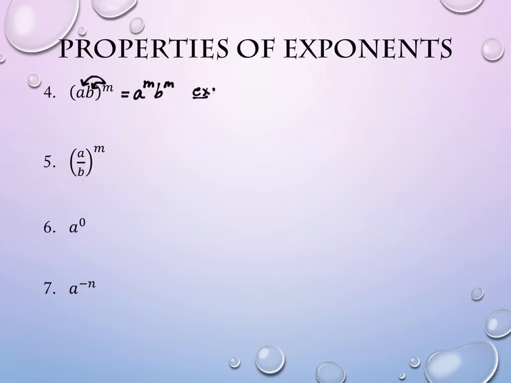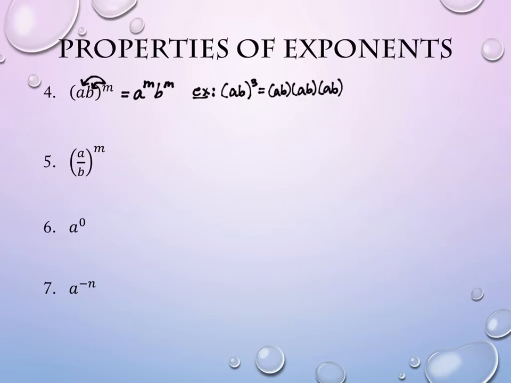And some justification. Let's say we had ab to the 3rd. Well, that means ab times ab times ab, right? And because it's all multiplication, we have the ability to move things around. It's called the commutative property, and regrouping things is called the associative property.